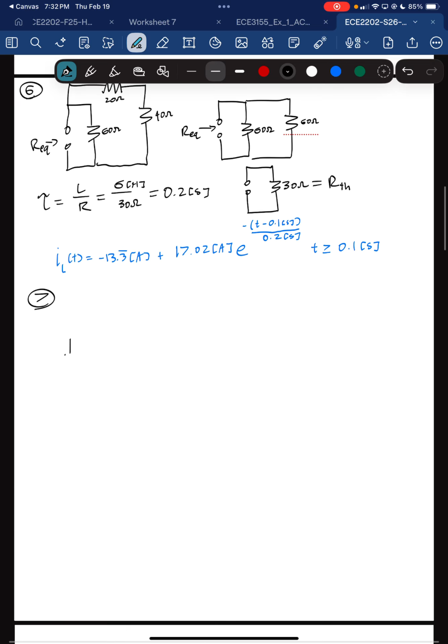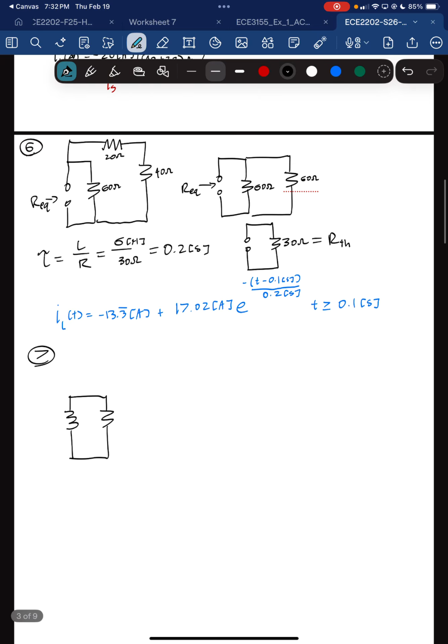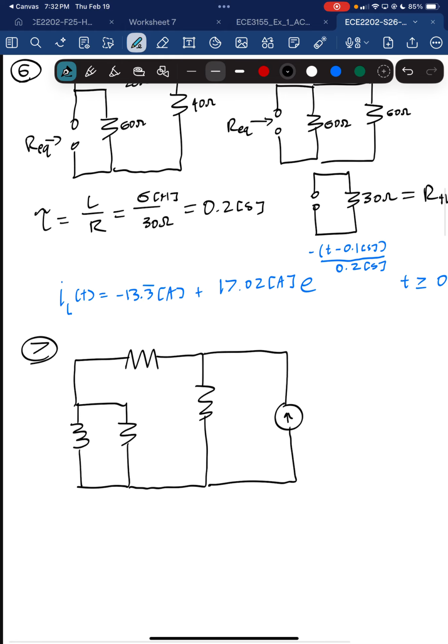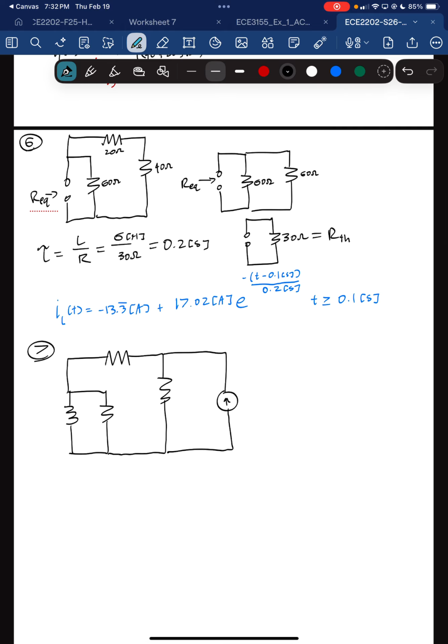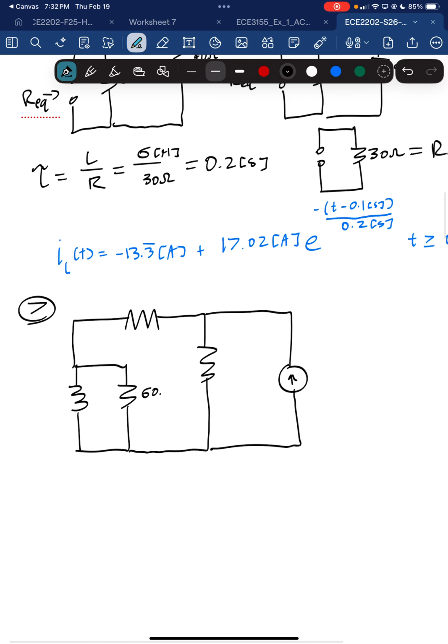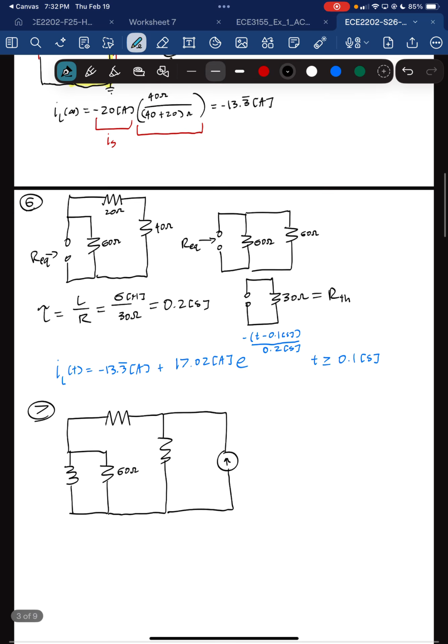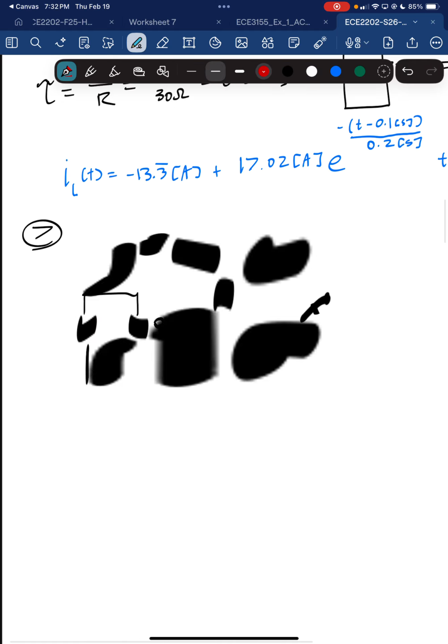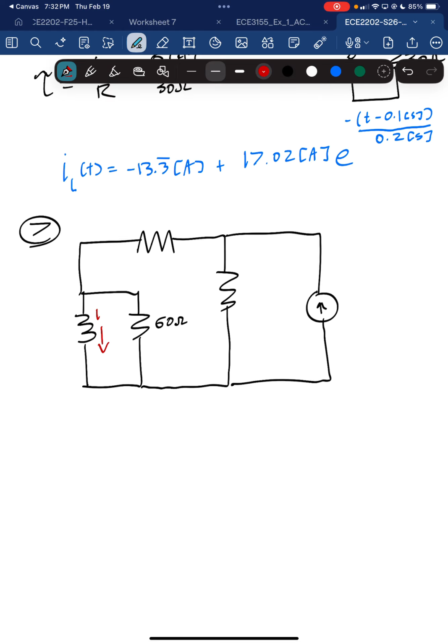So I'm going to redraw the circuit, and I'm only going to label one resistor here because only one resistor is relevant to us. Remember, this is the current IL of t, and this current is I3 of t.